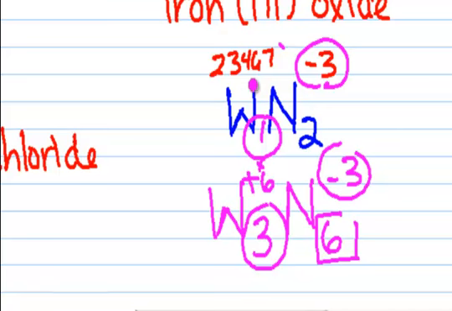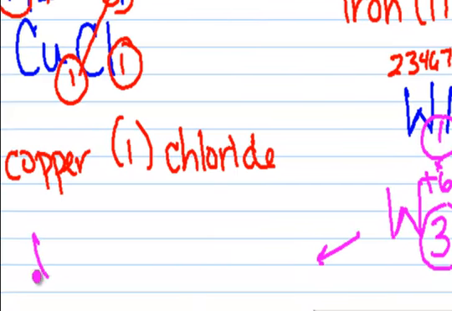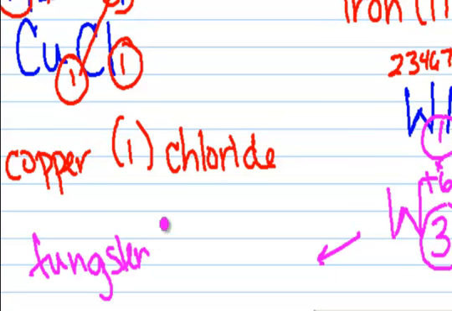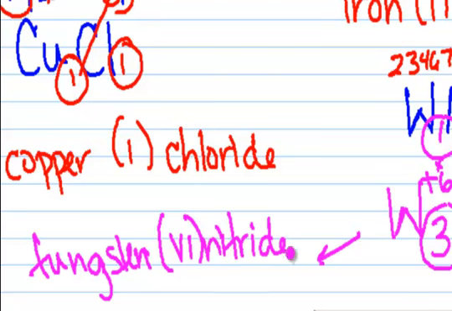Is that one of my choices? Yes, it is. So I would name this, it's over here, tungsten 6 nitride. Okay? Take a look at it for a minute and make sure you can see what I did.